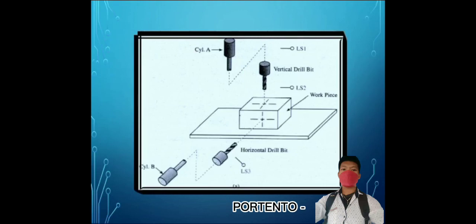Ang isang butas ay patayo, ang isang butas naman ay pahalang, at ang dalawa ay dapat dumaan sa parehong panloob na punto. Sa makatuwid, hindi sila maaaring mag-drill sa parehong oras. Ang logic circuit ay nagpapatupad ng sumusunod na cycle.